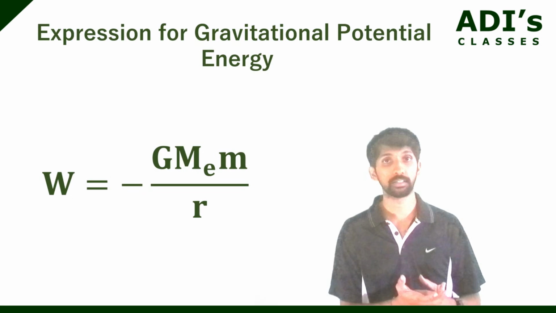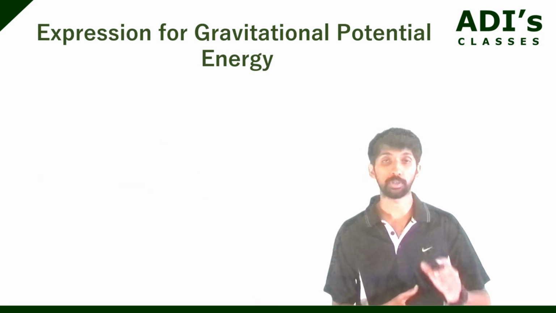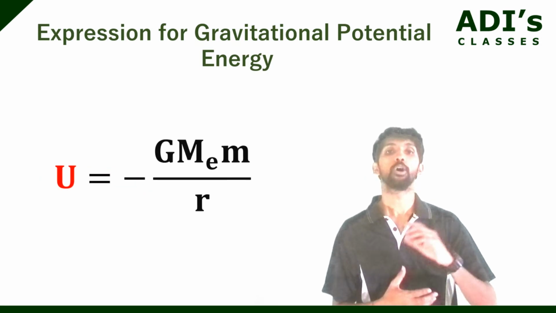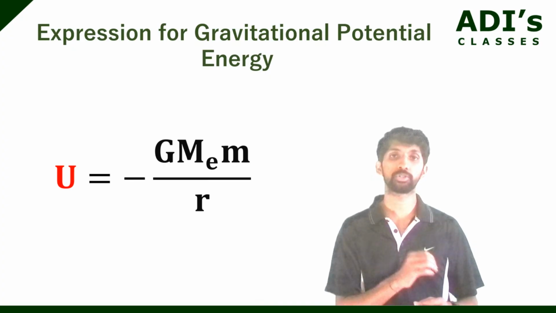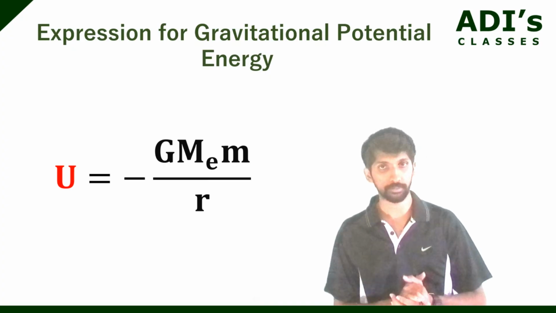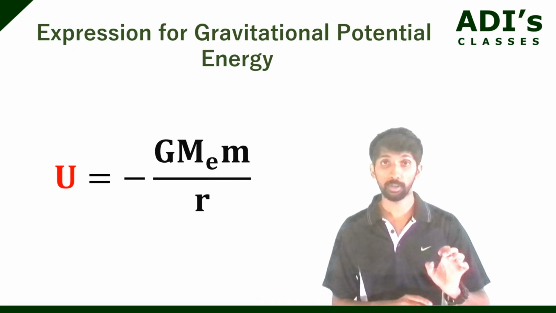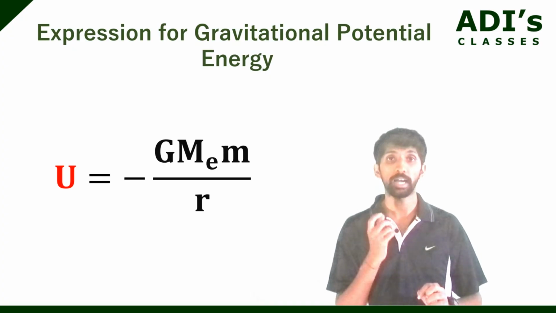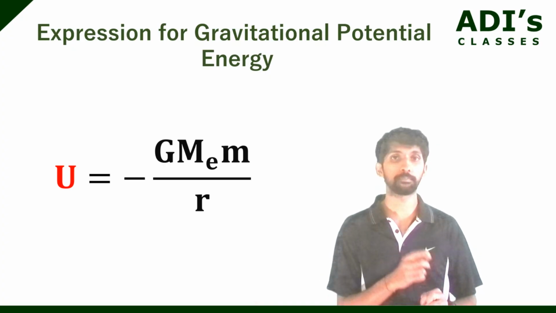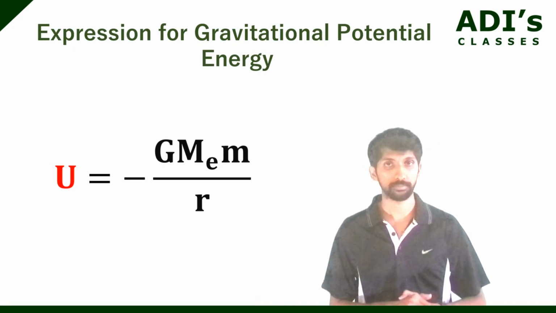This work done gets stored as potential energy. So U equals minus G Me m divided by r. This formula we use when the height of the object is very small compared to the radius of Earth.